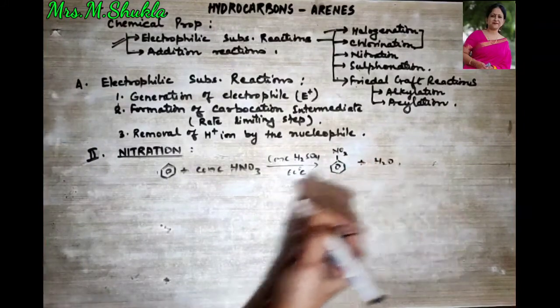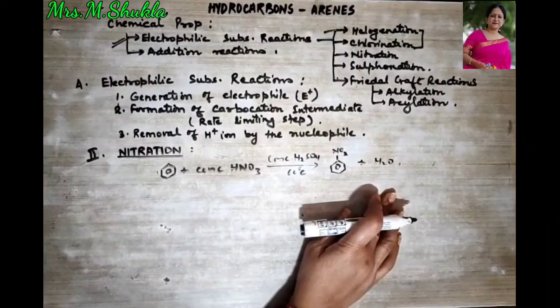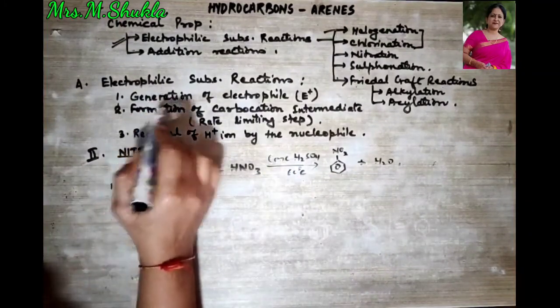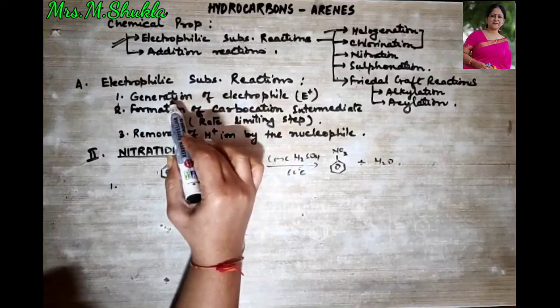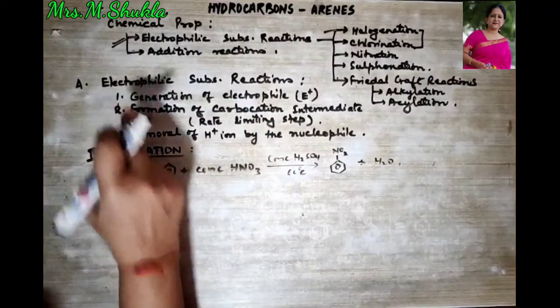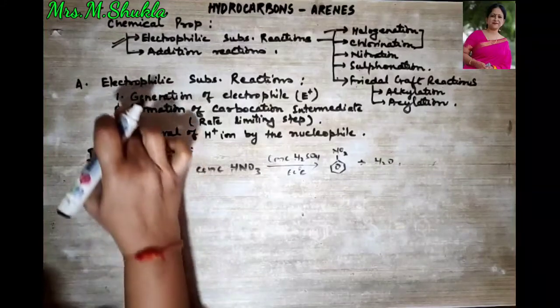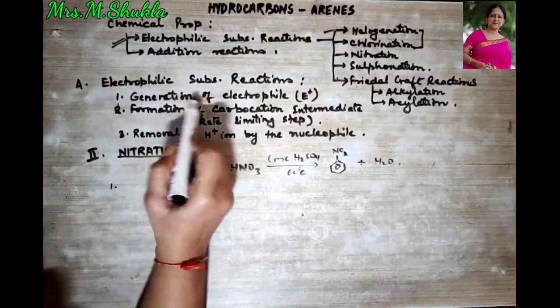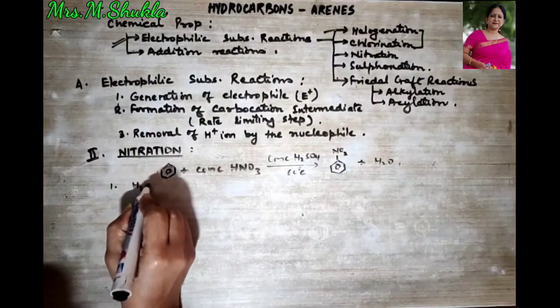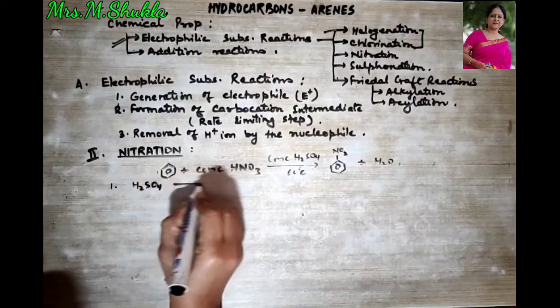So now let us look at the mechanism of this particular reaction. What is our first step in the mechanism? We will first generate the electrophile. I'm not writing it down over here because the space is less. So the first step we are doing is generation of electrophile. So let us take H2SO4 over here.